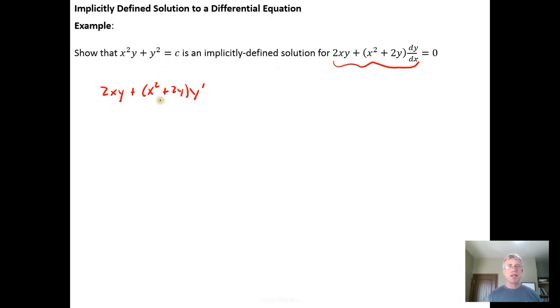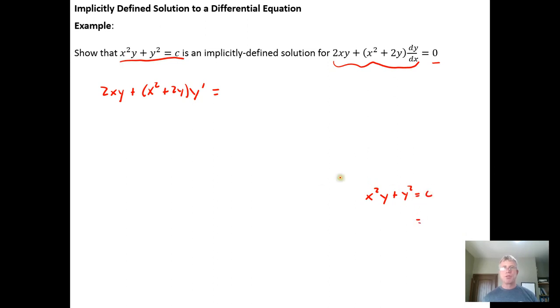And then I'm going to see if that simplifies to a 0, so equals. And my solution, if it is one, is implicitly defined. It's not been solved for y, so I get x squared y plus y squared equals c.